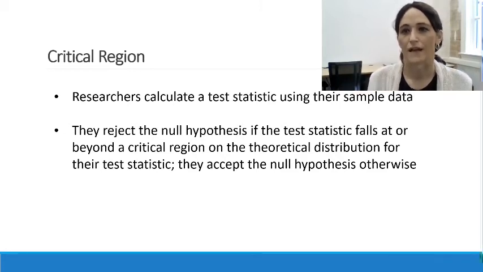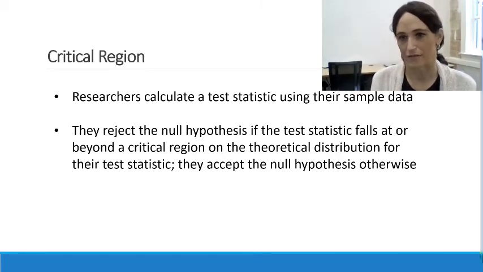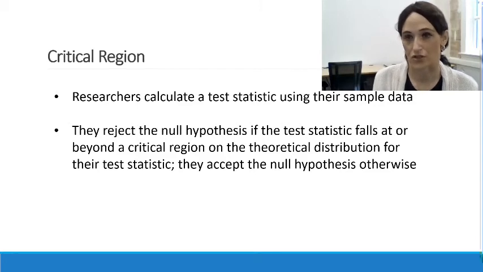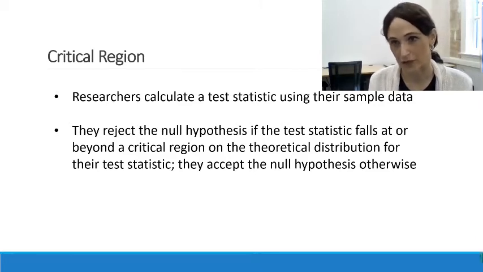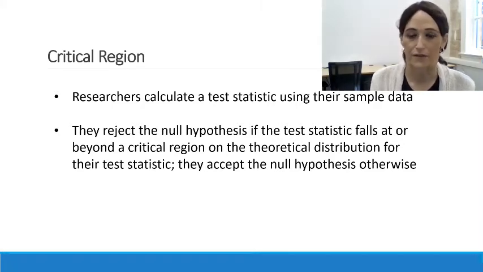And if you look at reported statistical findings, you'll often see notation that shows what the critical region value was, and your test statistic was higher than that value, or its absolute value is higher than that critical cut point.